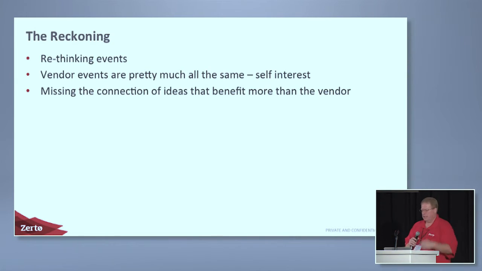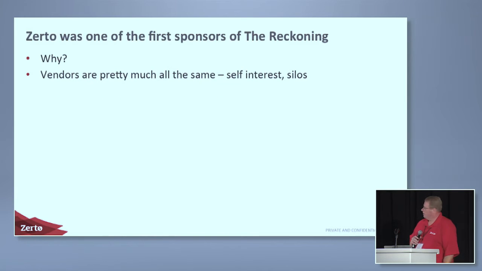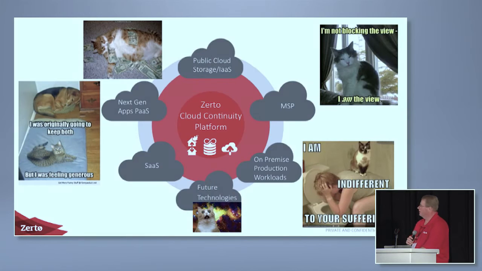Protecting data from one side to the other. But we run into the same thing that you're talking about with this conference, which is bridging together lots of different disparate ideas into something different. So we were one of the first sponsors, actually the first. So why? Because we see the same problems that John ran into.